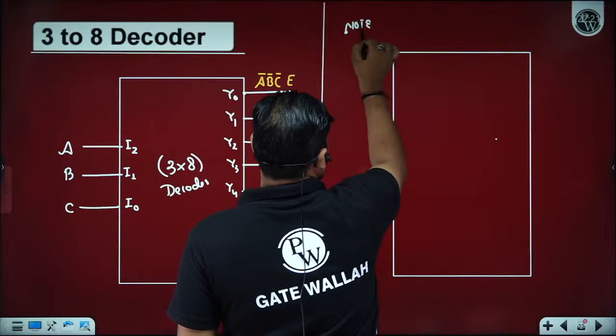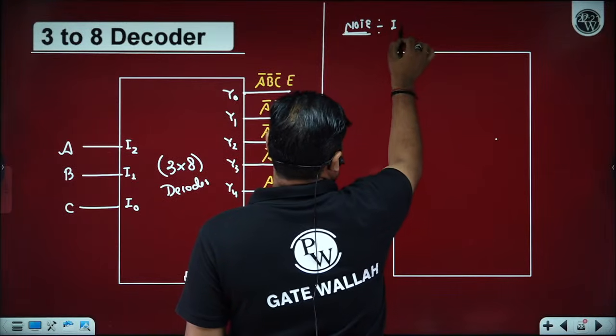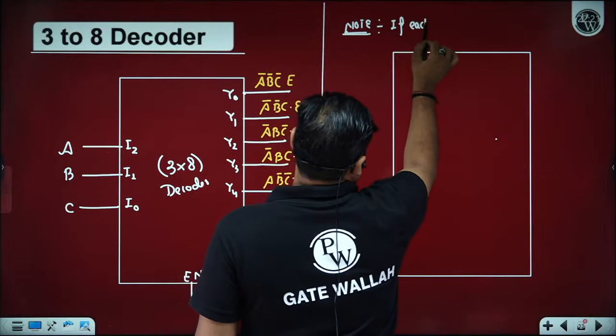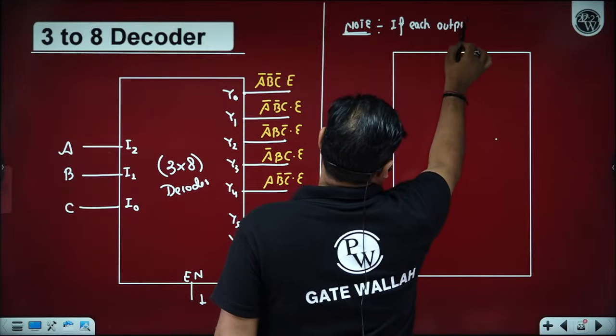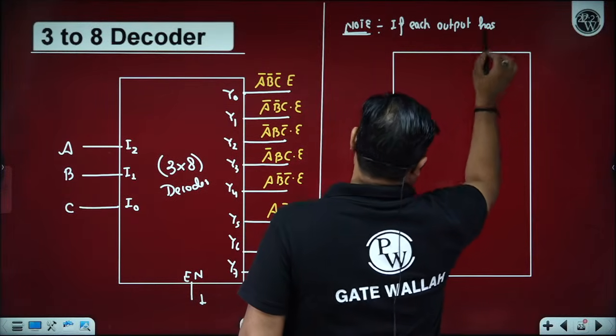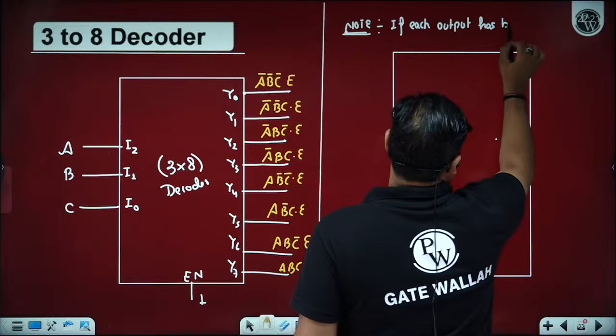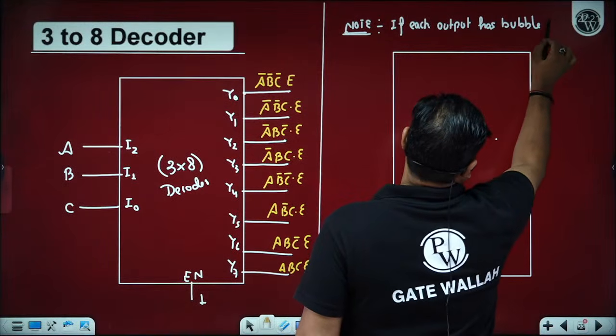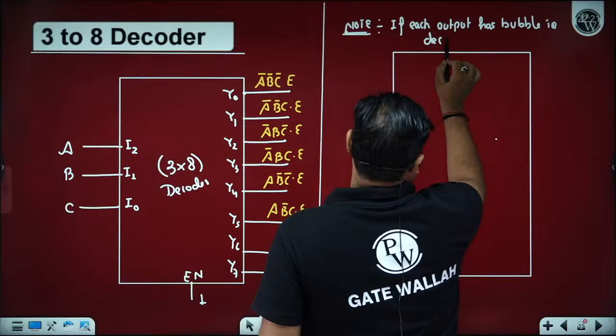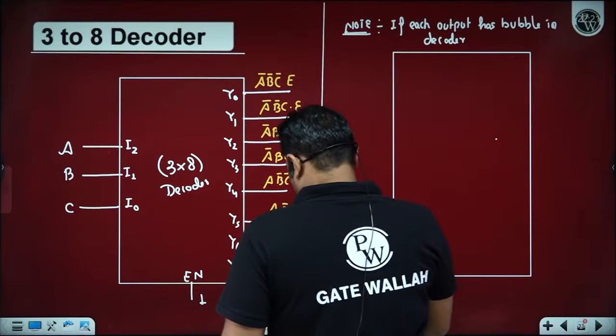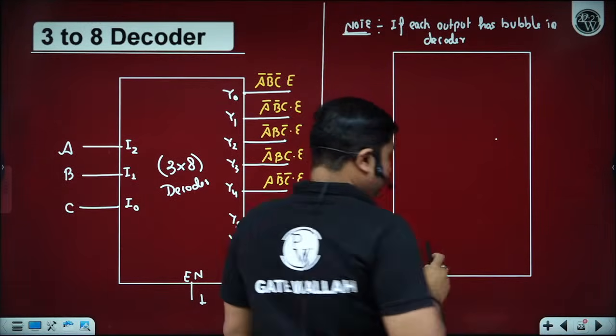Note point. If each output has a bubble in a decoder, now please observe it, beta ji.